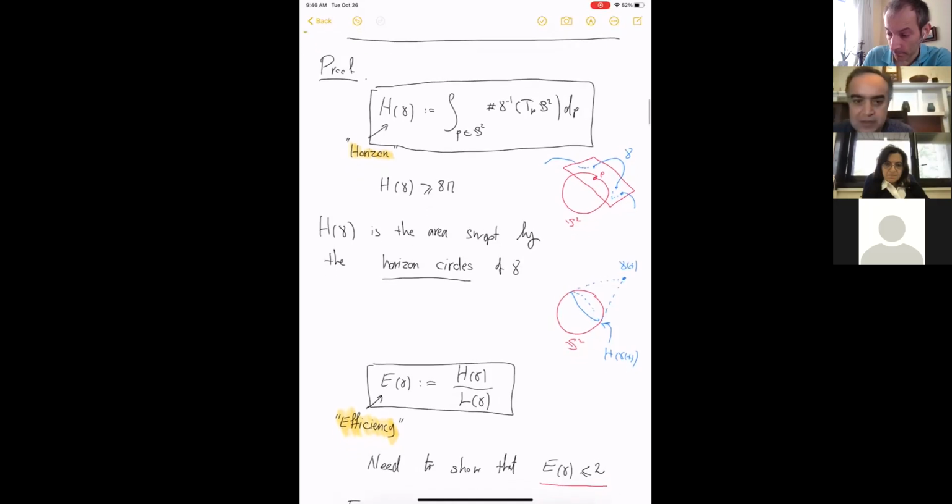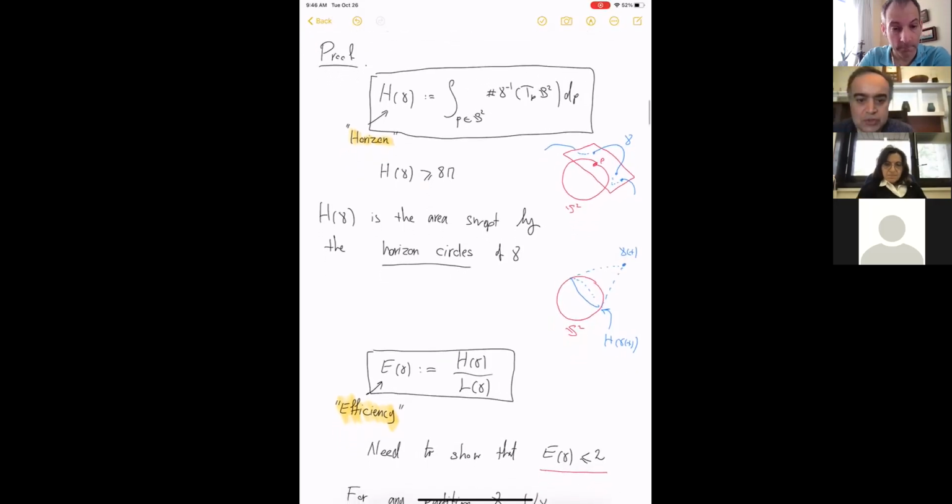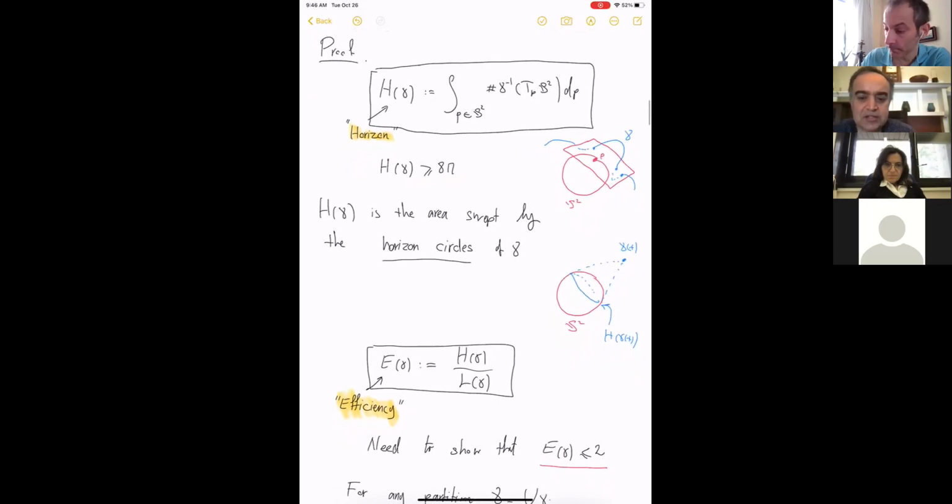In fact, what we need to show is that the inspection efficiency is less than or equal to 2, because h is bigger than 8 pi. The conjecture is that L is less than 4 pi. So it's equivalent to showing that the efficiency must be less than or equal to 2. And that will be the goal of the talk.